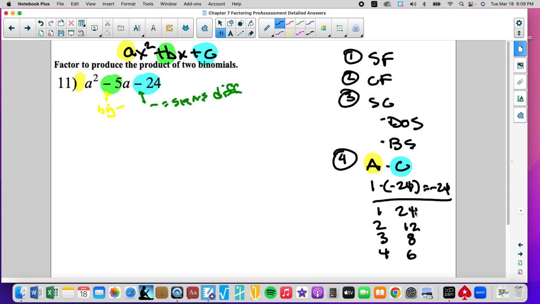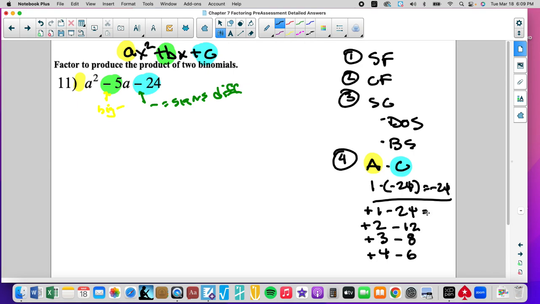I'm going to go over to my factor pairs and find the bigger of the two, which is 24. 24 is bigger than 1, and I'm going to assign it the negative. Since the signs are different, I'm going to make the other one positive because they can't be the same. The bigger of the two factors gets the negative, and the positive goes on the other one.